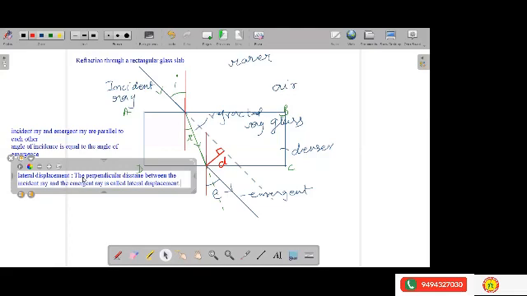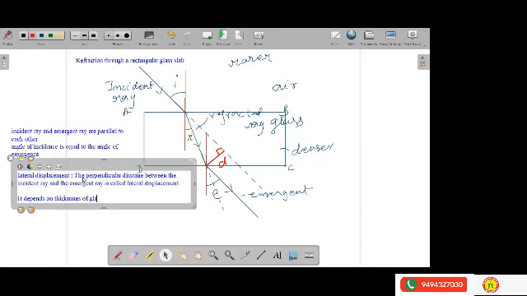The emergent ray and the incident ray are parallel to each other with some distance between them. And this lateral displacement depends on the thickness of the glass slab and the refractive index of the glass slab.